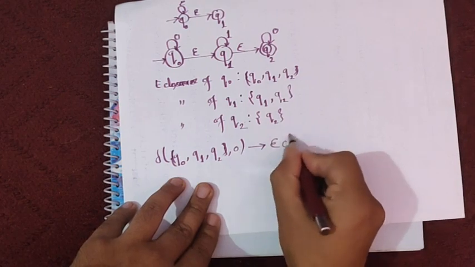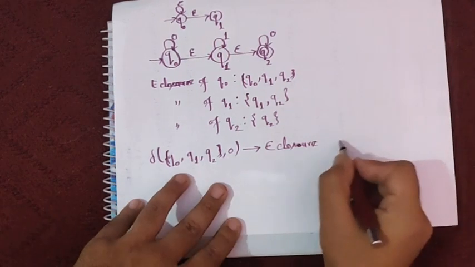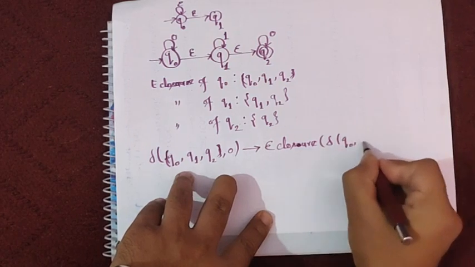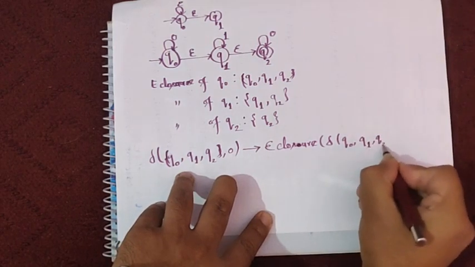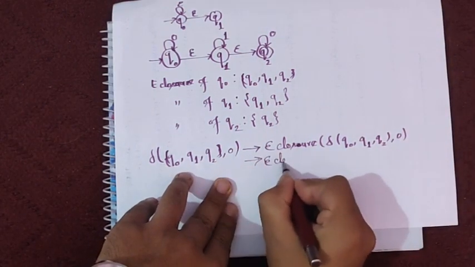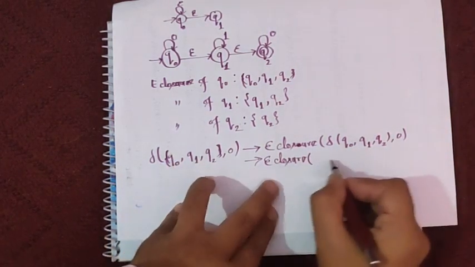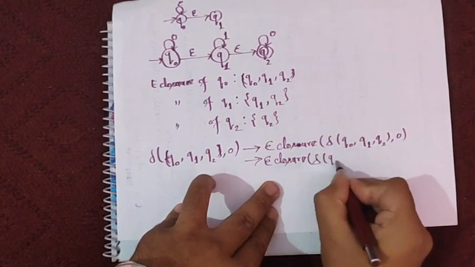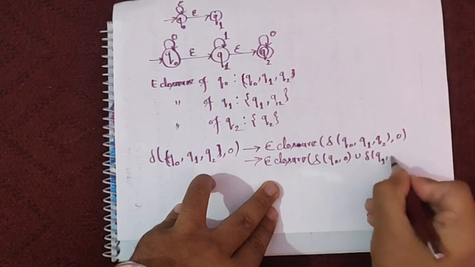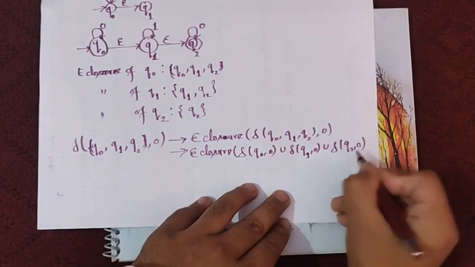So epsilon closure of delta of {q0, q1, q2}, 0, which is the same as we used in the previous video: delta(q0, 0) union delta(q1, 0) union delta(q2, 0).